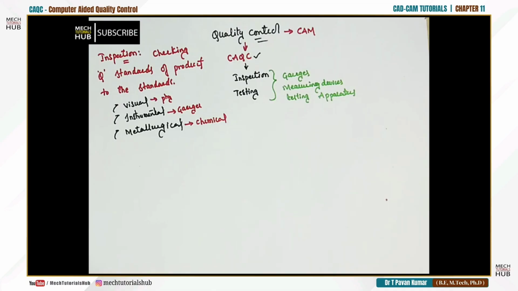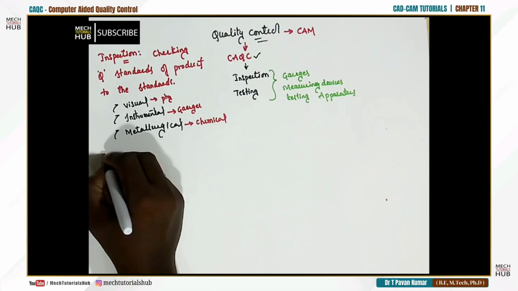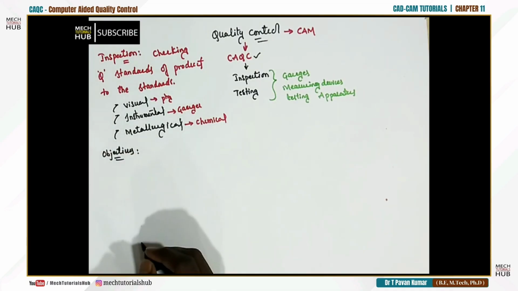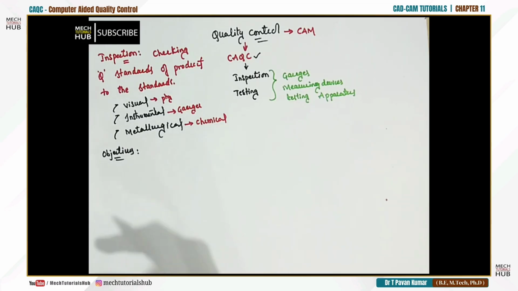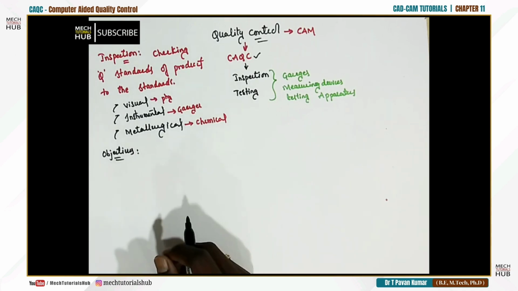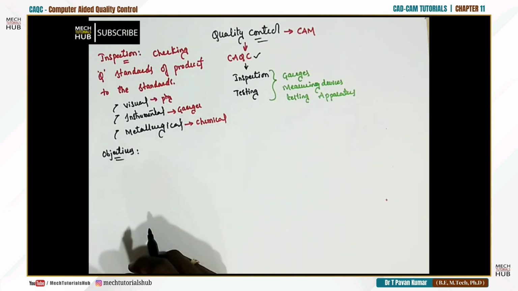In actual practice, we will see the objectives of inspection. Inspection is done after the production takes place, not before. After the production takes place, we check for errors and defects.